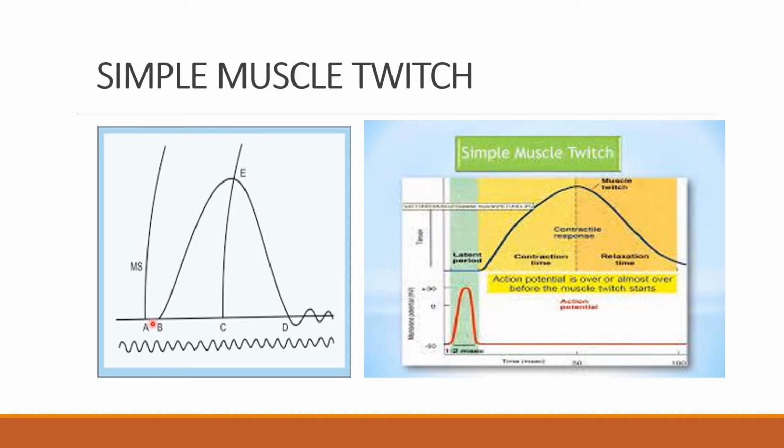In this graph there are points A, B, C, D and E. PS is the point of stimulation. From A to B is the latent period, B to C is the contraction period, and C to D is the relaxation period. So this is the simple muscle curve.